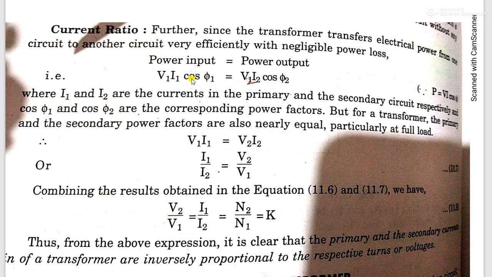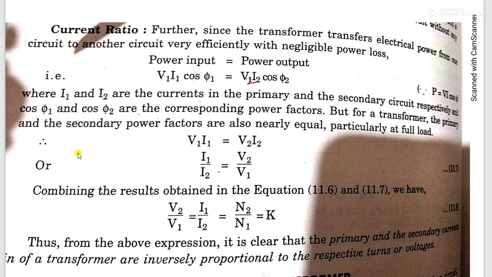where I1 and I2 are the currents in the primary and secondary circuit respectively, and cos phi 1 and cos phi 2 are the corresponding power factors. We know power P is equal to V I cos phi. But in a transformer, the primary and secondary power factors are also nearly equal, particularly at full load.